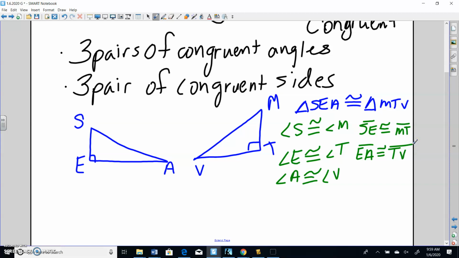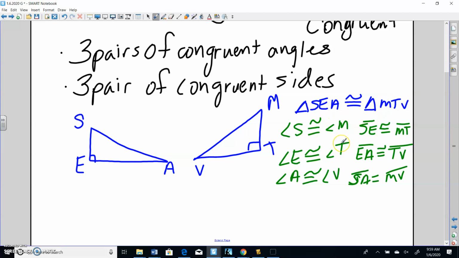And then what's my third side? SA. That is congruent to MV. Okay, so all of those things are true because these triangles are congruent.